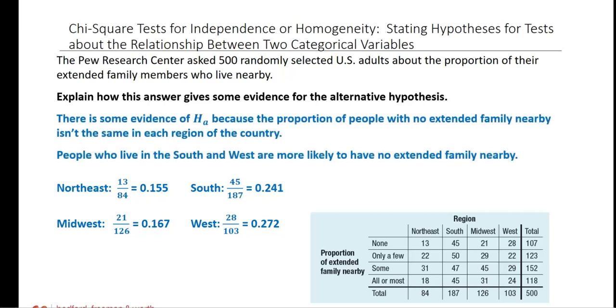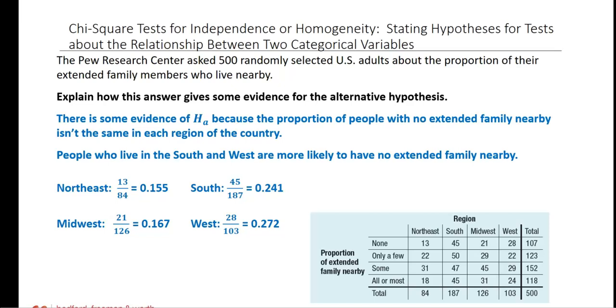It seems like maybe people in the South and West are more likely to have no extended family nearby. It's kind of sad for the South and West, but that seems to be at least some indication that could be true. But we haven't done the full test, so we don't know if it's enough to say it's significant or reject the null or not. We don't know that, but there's at least some evidence.